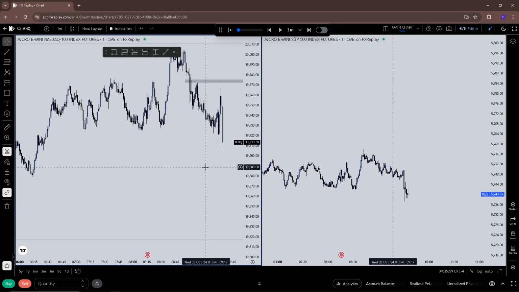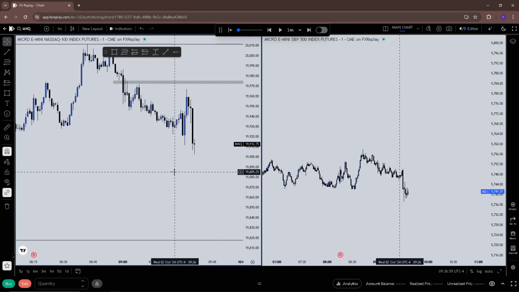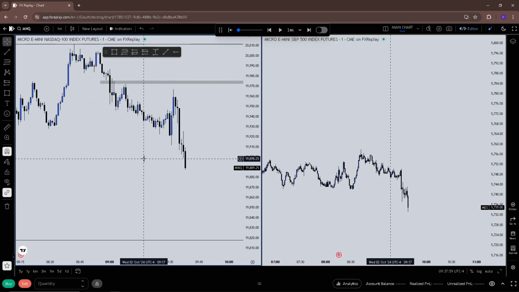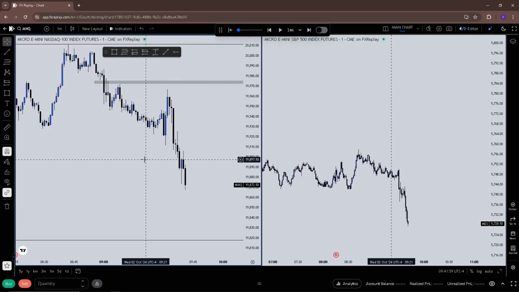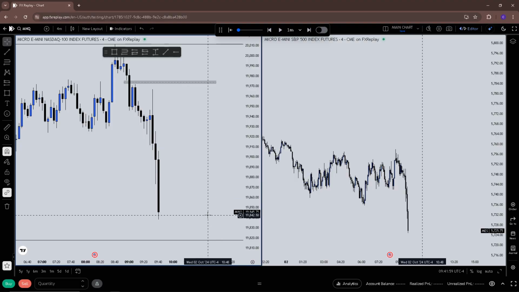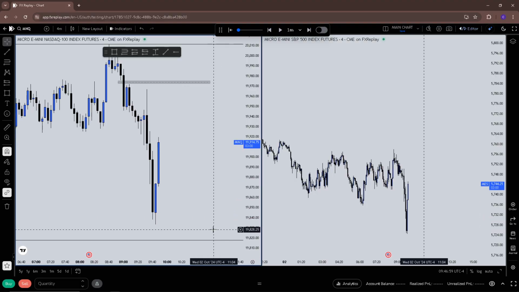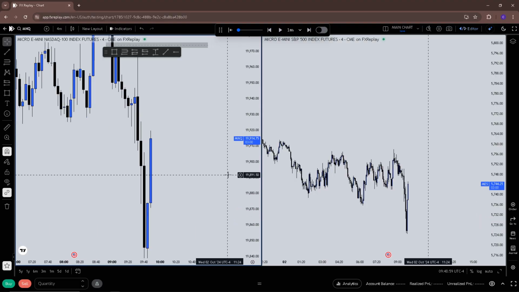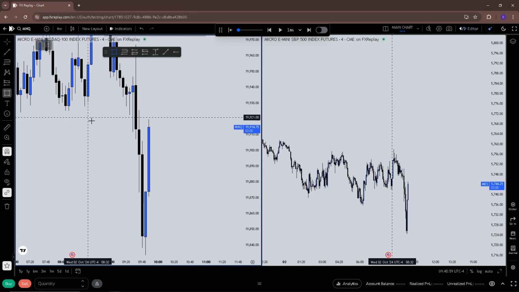Change in state of delivery. Could just continue pushing lower. Tap back into this 5-minute.